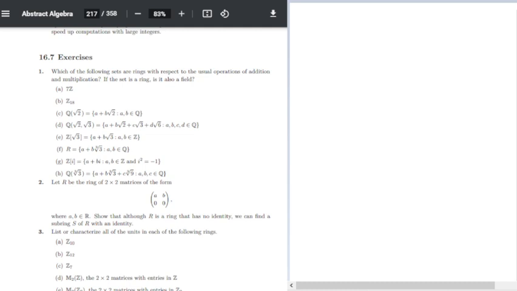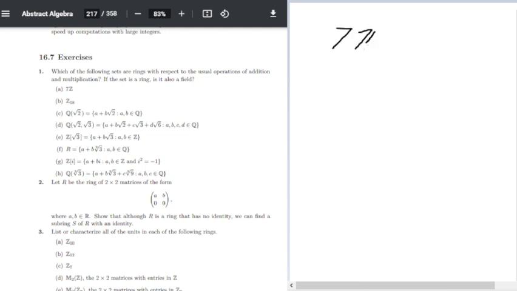Let's go. Which of the following sets are rings with respect to the usual operations of addition and multiplication? If the set is a ring, is it also a field? So, 7Z.